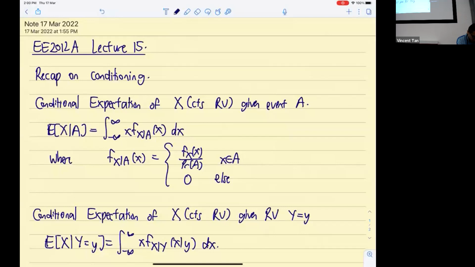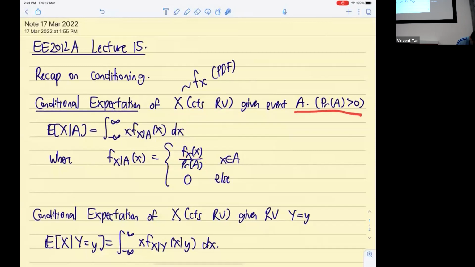All right. So we have a certain continuous random variable x, and it has probability density function f of x. So that's the PDF. Now we are interested to understand the notion of conditional expectation of x given an event A. Let's assume this event has probability bigger than 0, otherwise some things don't make sense.